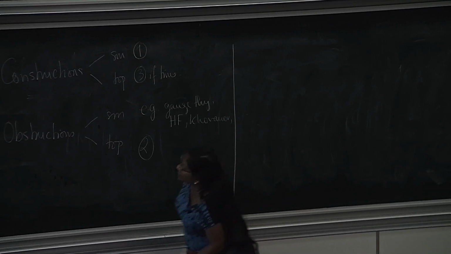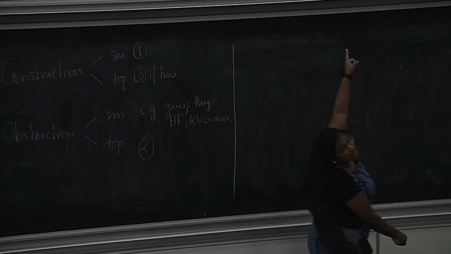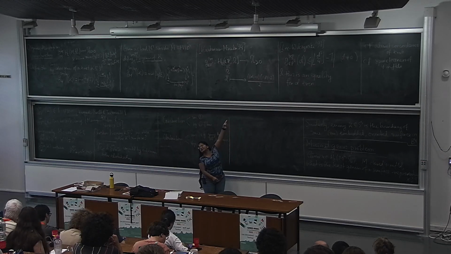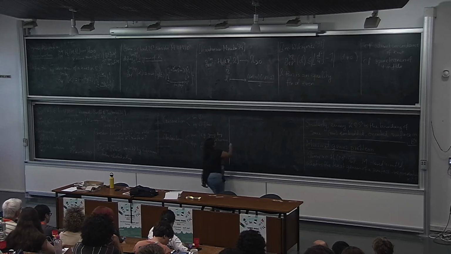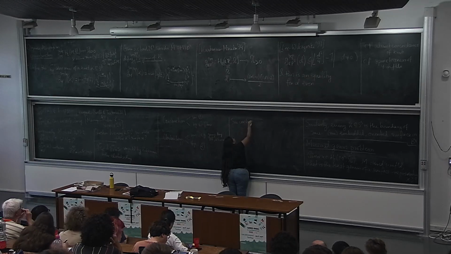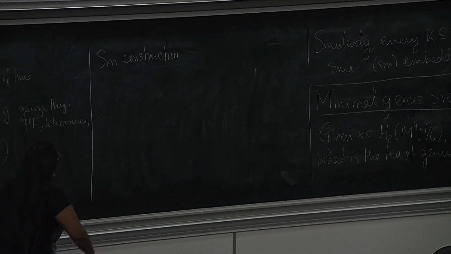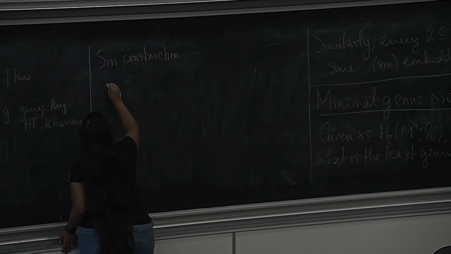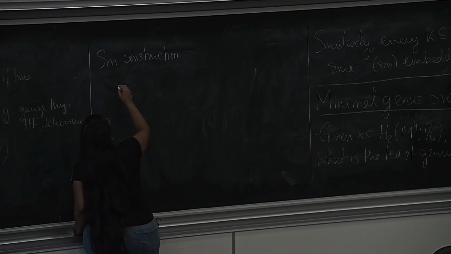I just thought it would be fun to see how to construct these surfaces representing that genus. Okay. So here's an example of my smooth construction. All right, so I'm going to construct a surface in this class D inside of H2 of CP2.